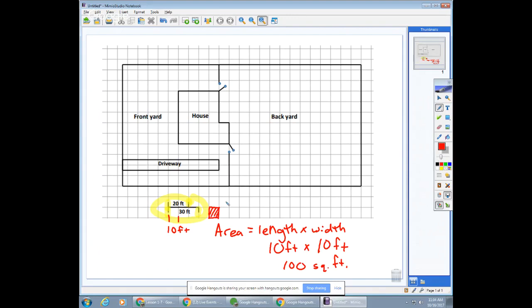So if we count squares, we got to keep that in mind. So what we want to do is estimate the size of the lot, estimate the size of the house, and then we'll actually calculate them. So let's start off with the house. That's relatively easy. If I were to measure the width of the house looking at the front, it's 10, 20, 30, 40.